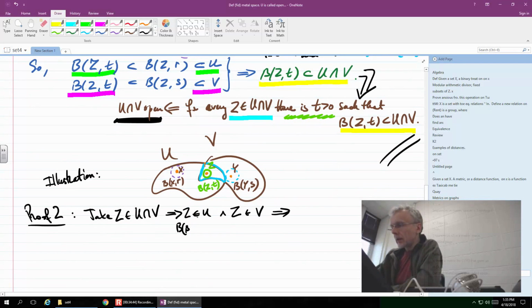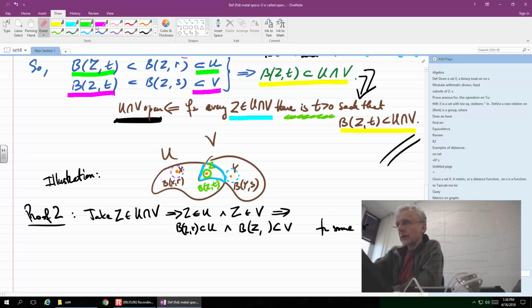So there is an r such that the ball B(z, r) is in U, and there is an s such that B(z, s) is in V, with s greater than 0.